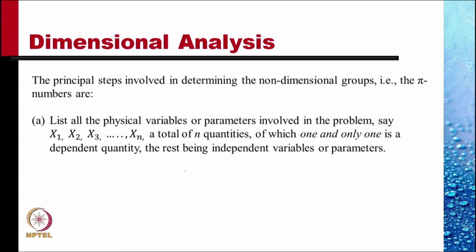The principal steps involved in determining the non-dimensional groups, which are the pi numbers that we've introduced earlier, are: list all the physical variables or parameters involved in the problem, say x1, x2, xn, a total of n quantities, of which one and only one is a dependent variable or dependent parameter, the rest being independent variables or parameters.